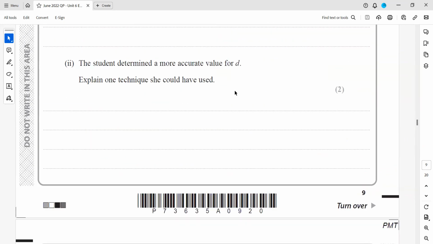Student determine more accurate value of D. Suggest one technique she should have. So for accurate value, what she should do, she should repeat for different orientation and take an average. And why repeating with different orientation? Students should repeat with different orientation of the nut and take an average, which will reduce the random error.